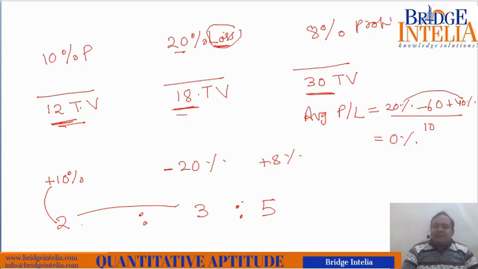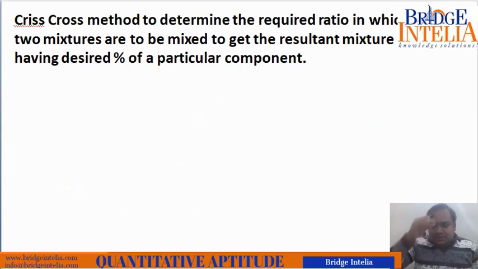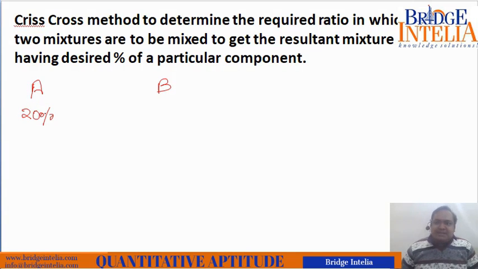The next concept from alligation that one should be aware of is the crisscross method. Let's understand what the crisscross method is. Suppose you already have two solutions with you, A and B. A contains 20% acid solution and B contains 50% acid solution.